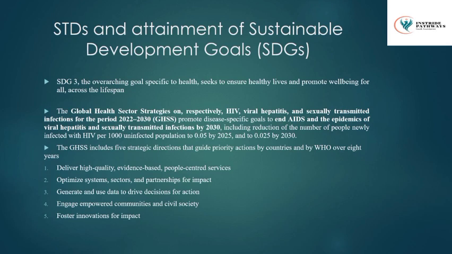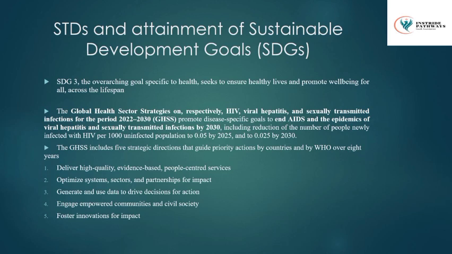Four, engage empowered communities and civil society. The civil society and the communities should be empowered, engaged, and enlightened on the importance of this goal to be achieved. Then, the last one, the fifth one, foster innovation for impact.